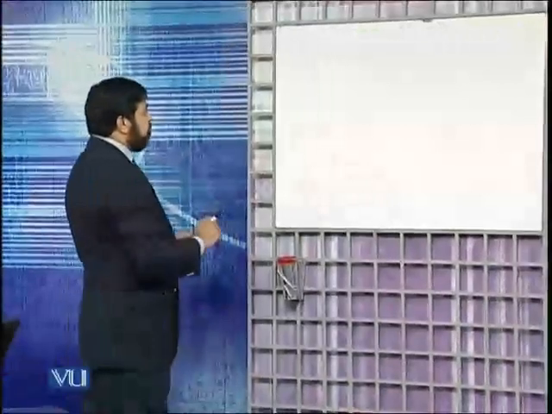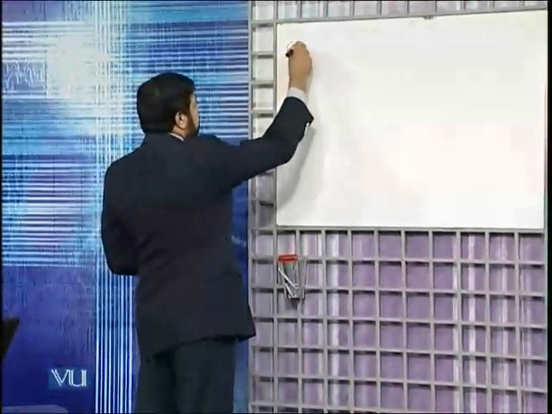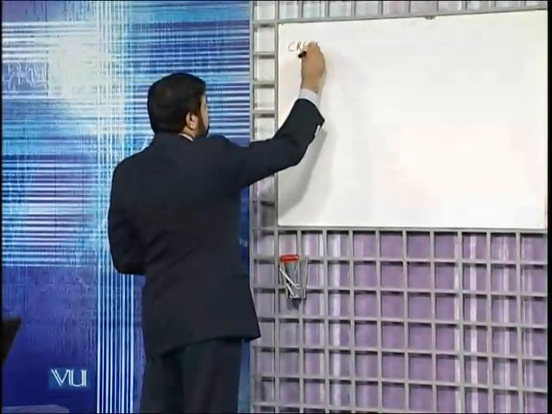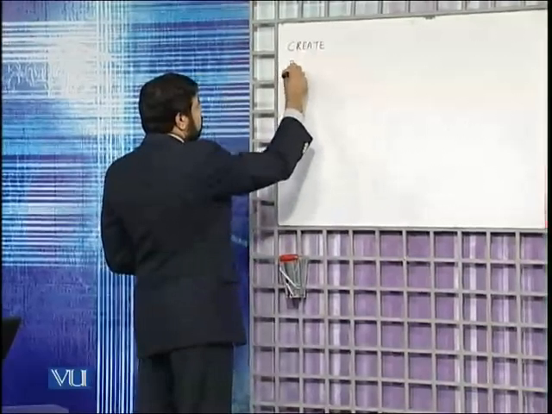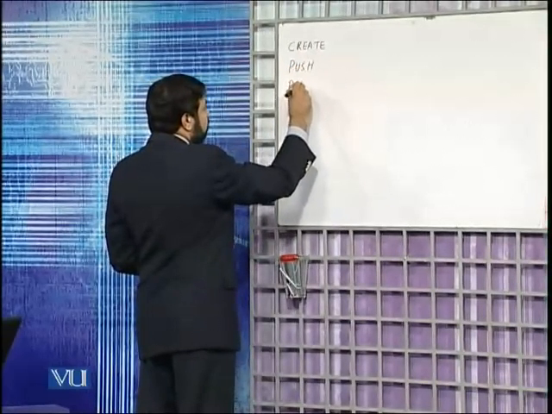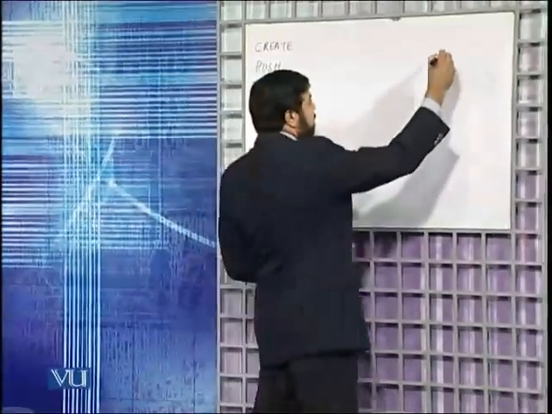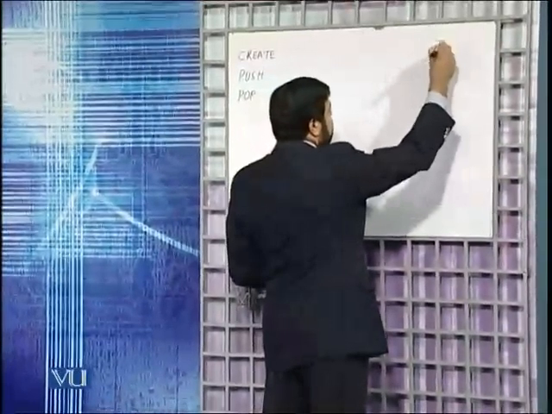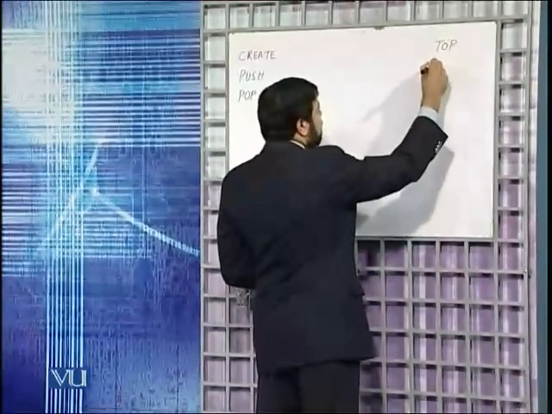So we have the 3 constructors: create, push, and pop. The 2 inspectors that we have are top and is empty.